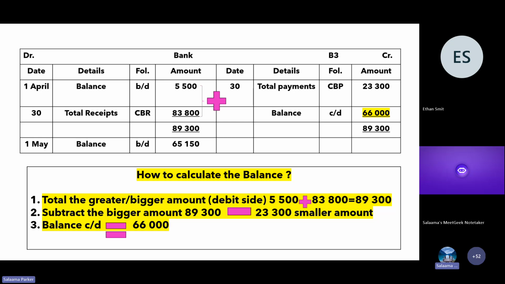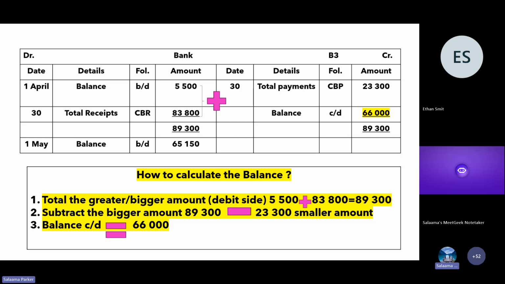You want to know how much money the business has in their bank account. They had an opening balance of 5,500. We increased the balance of the bank account from the transactions that we recorded in our cash book receipts, and then we decreased the balance of the bank account by the payments, the amount of money that we had to pay out for our total payments.